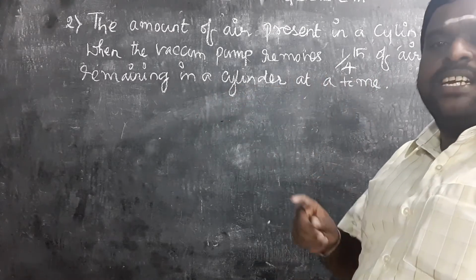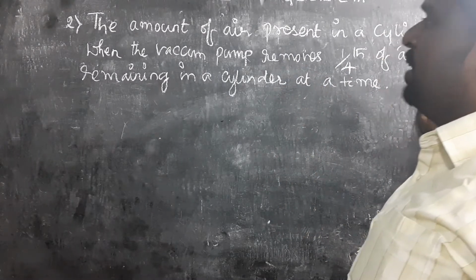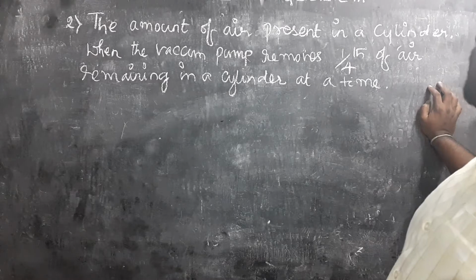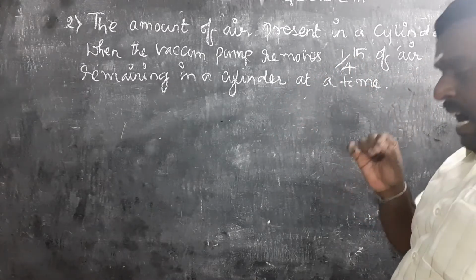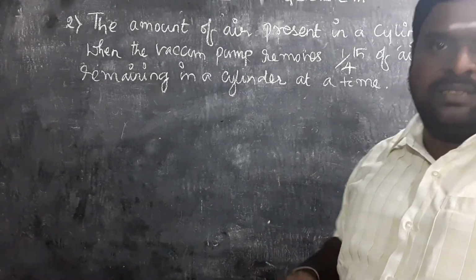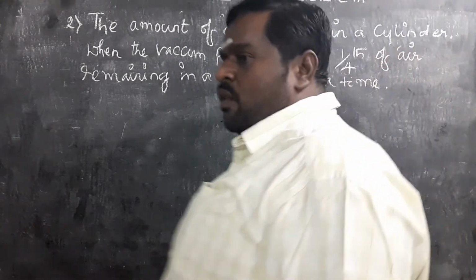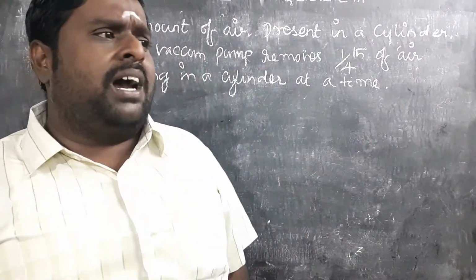So, once again, read out: the amount of air present in a cylinder when the vacuum pump removes 1/4 of the air remaining in a cylinder at a time. At that time, it is able to remove the 1/4. 1/4 is nothing but what we call a mathematical term.